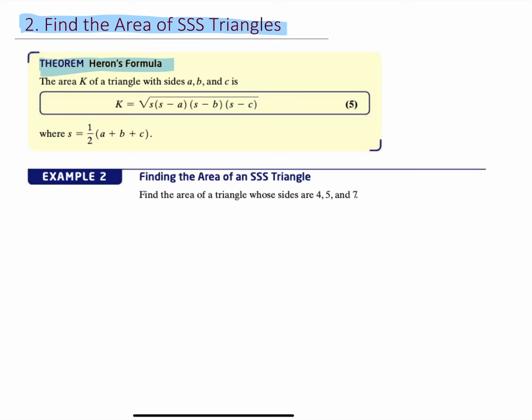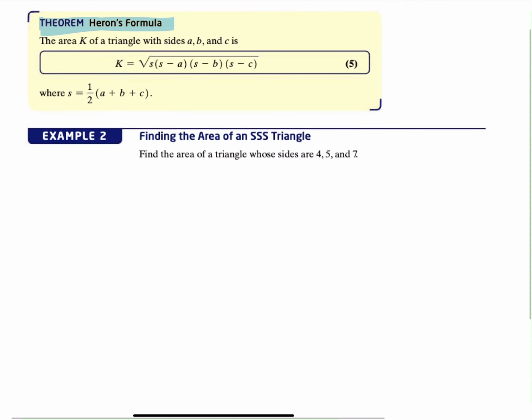So this involves two steps. We have the general formula here, but it involves this additional quantity. If the side lengths are A, B, and C, we first have to find S, which is 1/2 of the sum of these three side lengths. And then once we have that, notice S appears in this formula. We can plug everything in and get the area of our triangle.